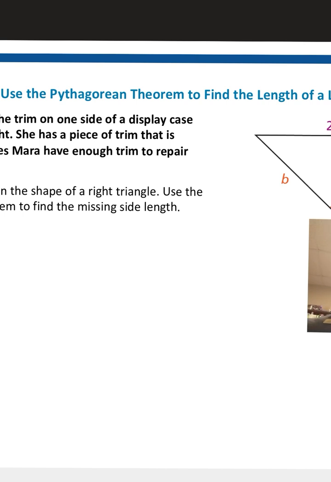Okay, now I do think this problem's a little tricky because as you can see, they give us an image. We're looking for B, but the question, as Addie just stated, is here. So I'm going to highlight that for us, is does Maria have enough to repair the display case? And she has a piece of trim that is 20 inches long.